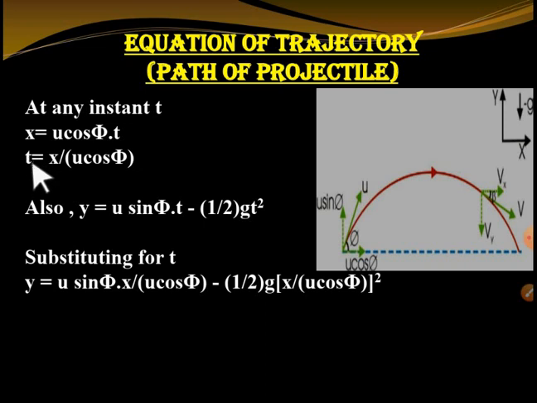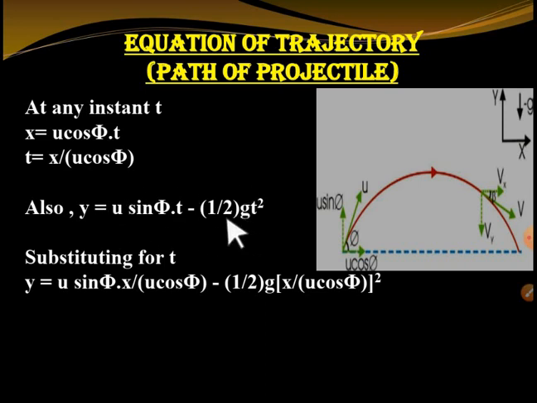From there, t can be expressed as x divided by u cos phi. And also, from the vertical displacement, y is equal to u sine phi t minus half g t squared, which we have just done.